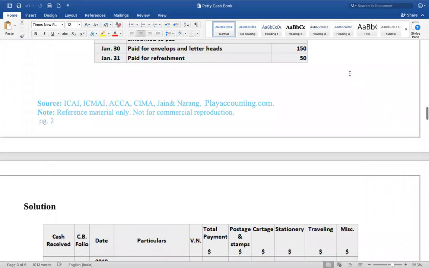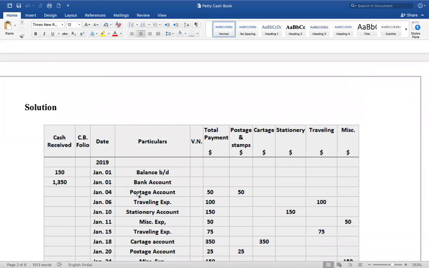Okay, on fourth, what did we do? Postage, 50, which you have written in the postage column. The total amount is brought again and written in the total payment column. Why is this total payment column given separately when the same amount is put here?